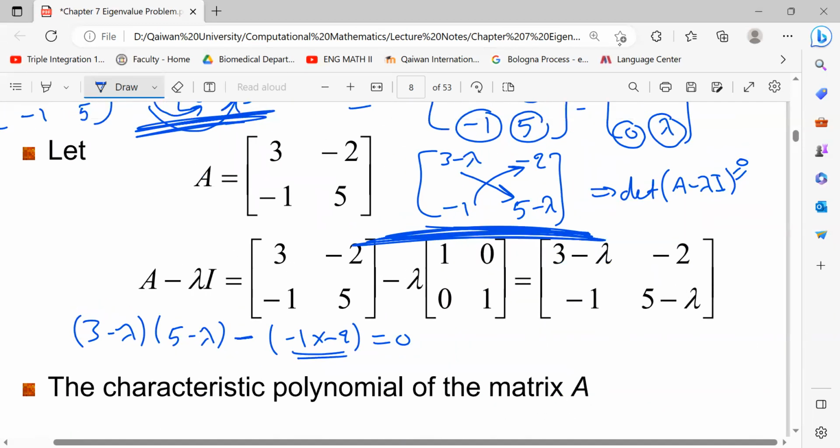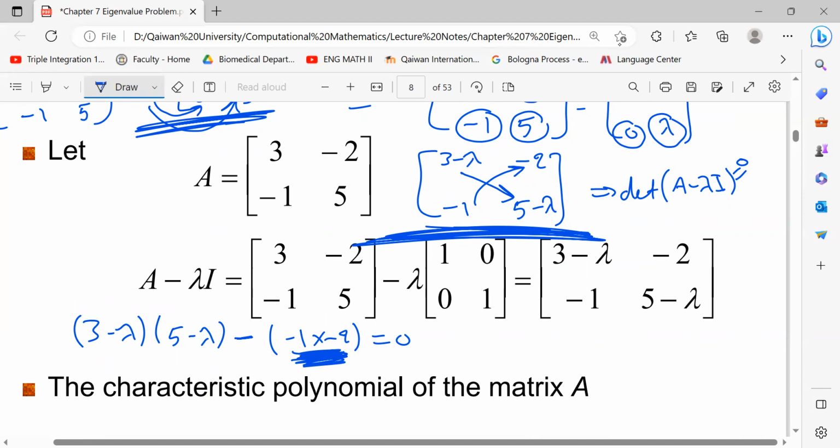Now, negative 1 times negative 2 is 2. And here we multiply these two brackets. We multiply this by both elements and this by both elements.